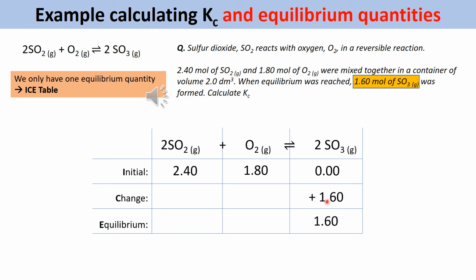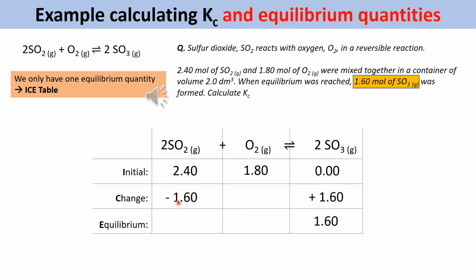Now this 1.6 value here is proportional to the stoichiometry of the equation. So we can see that it's proportional to a 2 here. So if 2 moles of SO3 is equivalent to an increase of 1.6, then that means that my SO2, which is also 2 to 2 here, so there's a direct proportion between SO2 and SO3, we know that if this was to increase by 1.6, this would proportionally decrease by 1.6 over the course of the reaction.